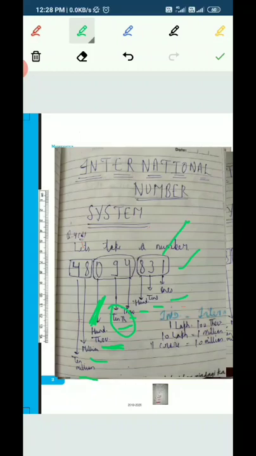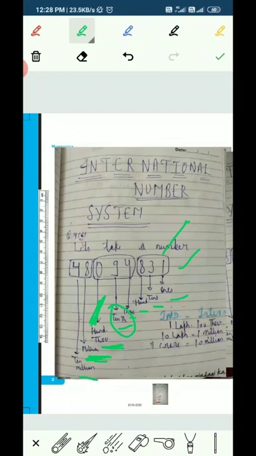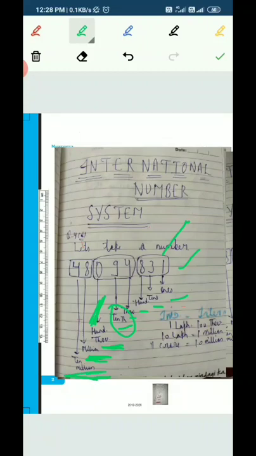And when we write 10 lakh in the Indian number system, here we write 1 million in the place of 10 lakh, and in the place of crore we write 10 million in the international number system.